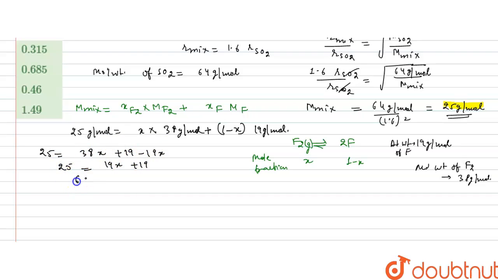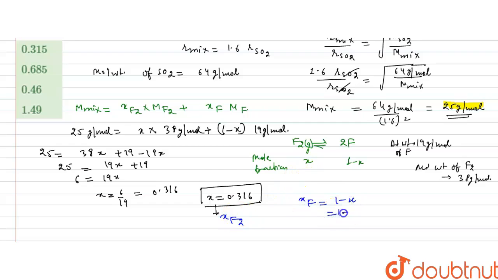So 25 minus 19 is equal to 6, and x is equal to 6 by 19, which is 0.316. So x is 0.316, and it is the mole fraction of fluorine, F2. The mole fraction of F will be 1 minus x, so it would be 1 minus 0.316, which is 0.684.